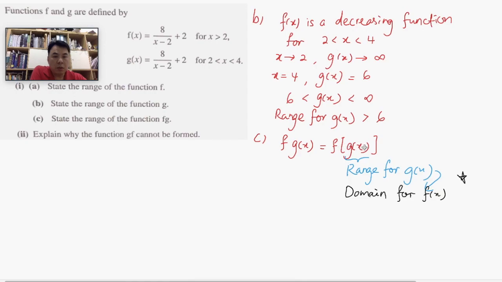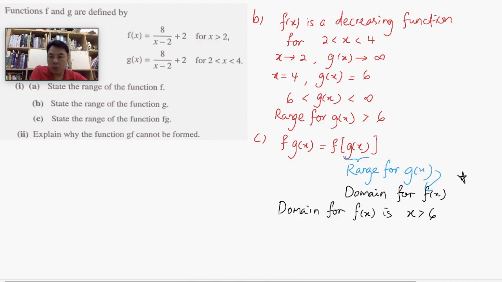So let's recall the range for gx from section B. The range for gx is greater than 6, which means the domain for fx now is x greater than 6. So x must be greater than 6 for the function fx in this composite function process. Right.